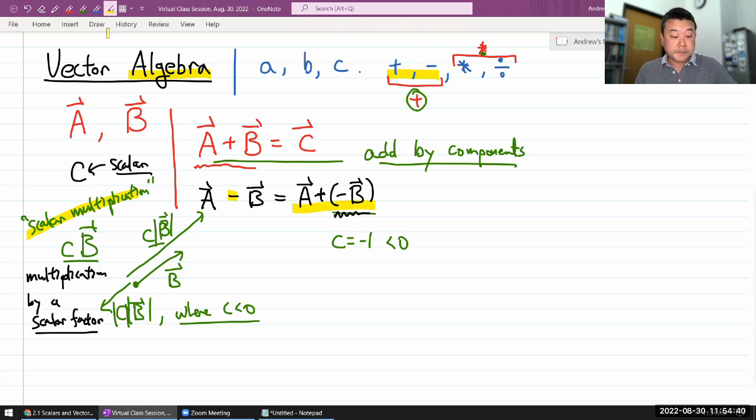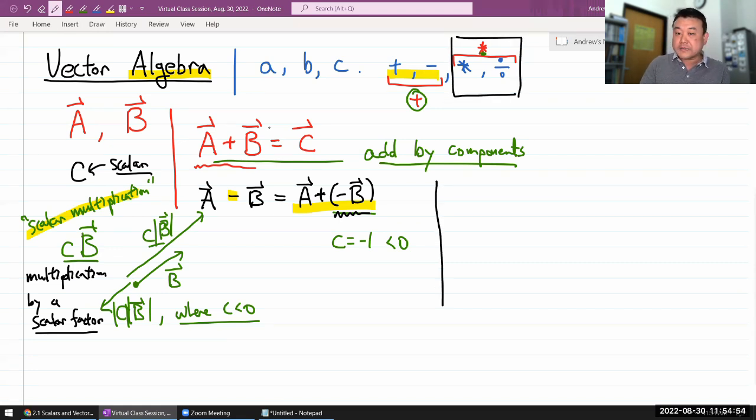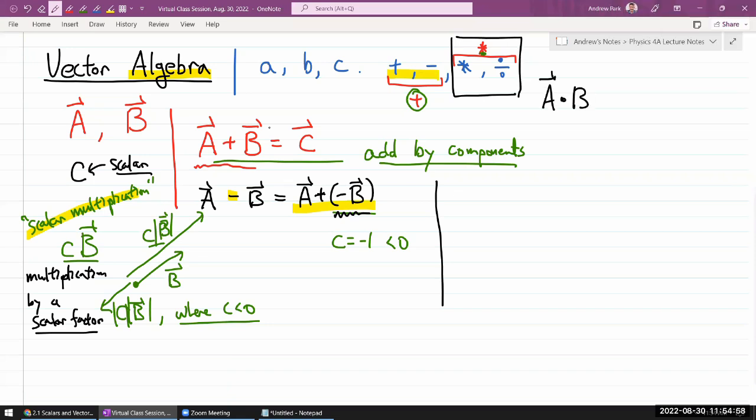That's the extent of the vector algebra we'll cover for now. Your textbook, chapter 2, does cover additional algebra that deals with these multiplicative things. They talk about the dot product, A dot B, and the cross product, A cross B. We'll skip those for now and come back to them later as we use them in a physical context.